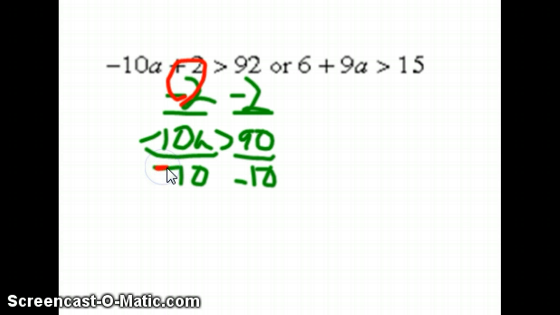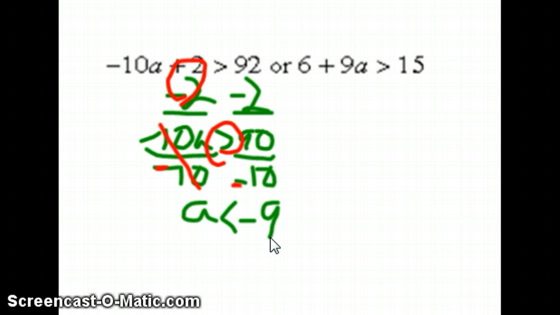That is a big deal with inequalities. We know those cancel out, but when you divide by a negative, you have to flip the inequality sign so it points the other direction. So our final answer will be a is less than, points the other way, 90 divided by negative 10, which is negative 9. Don't forget the negative sign.